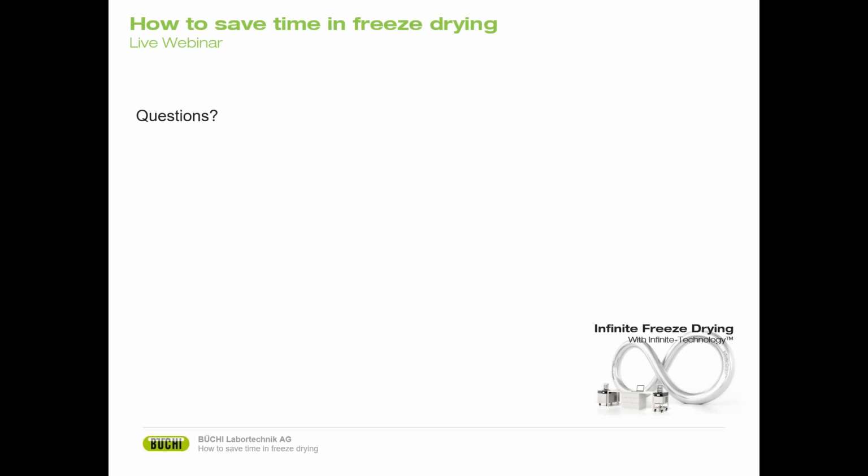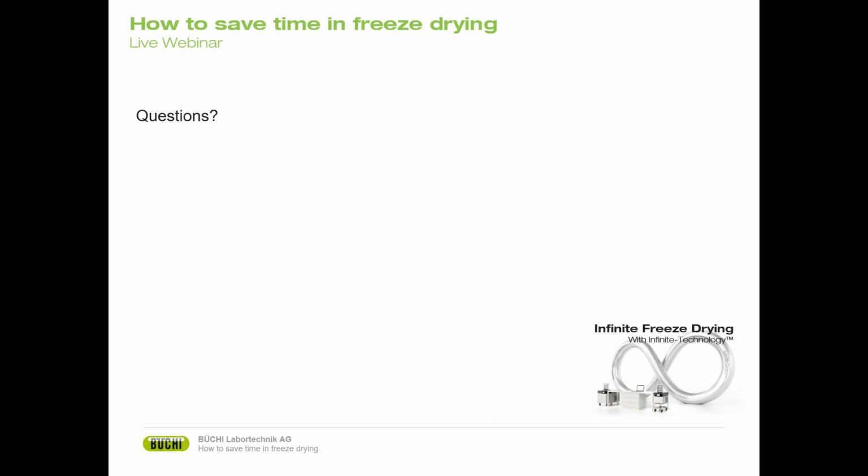The speed of freezing will determine more the porosity of the finished product. So if you freeze slowly, you will have more and bigger pores in your sample later, because the ice crystals can form better and grow bigger, while fast freezing will give less porous structures with smaller pores.